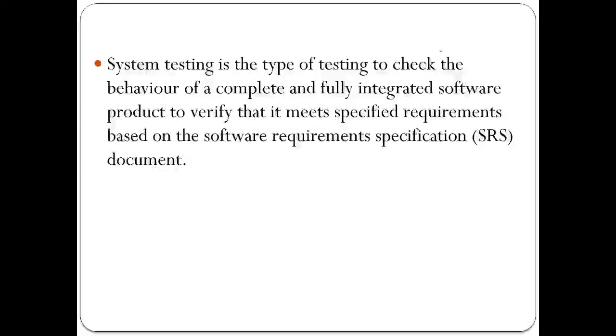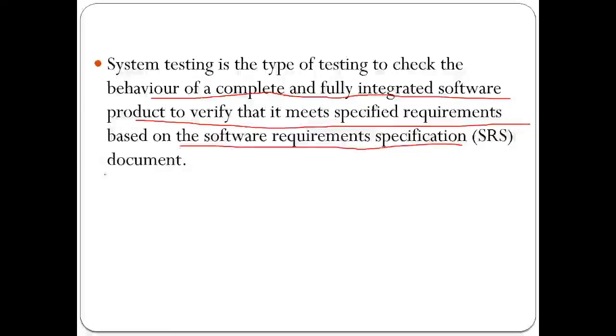System testing is a type of testing to check the behavior of a complete and fully integrated software. After integration testing, you apply system testing, where fully integrated software is tested, and after that you can do acceptance testing to verify that it meets the specified requirements based on the software requirement specification.